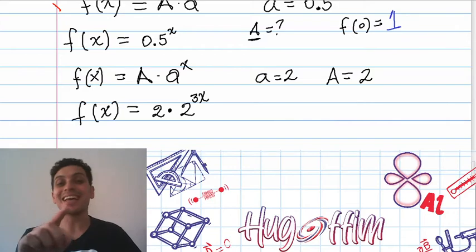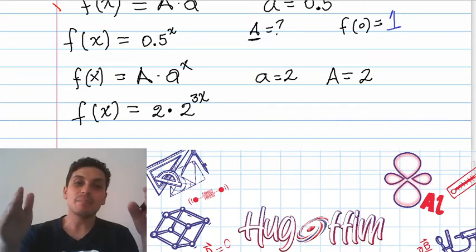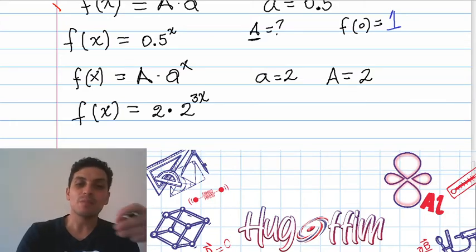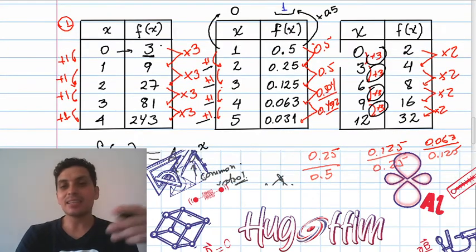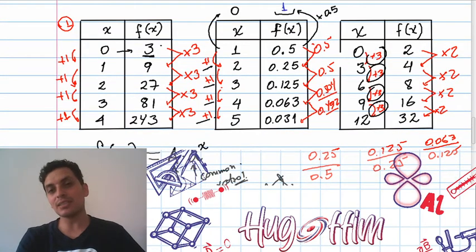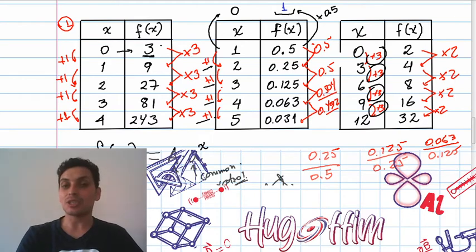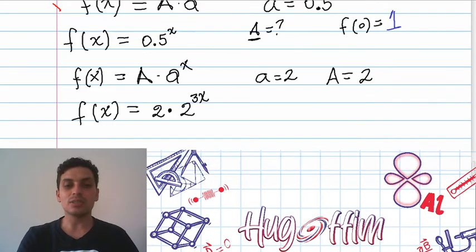Okay, so in this case, if I multiply the independent variable times 3, when x is 1, 1 times 3 is going to get me 3, and that will be this, okay? That's one option. However, I need that when x is 3, I get 1. So instead of multiplying by 3, I'm going to divide by 3.